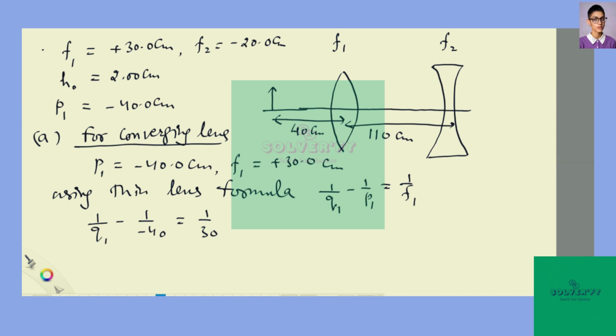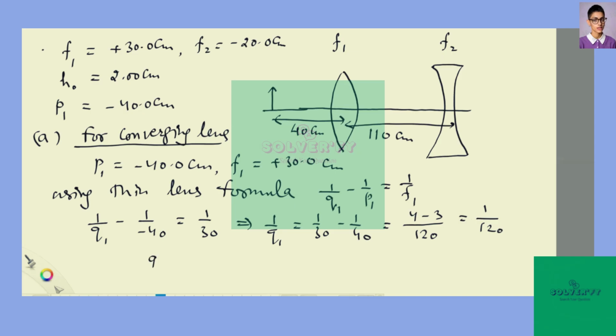So we get 1 by Q1 is equal to 1 by 30 minus 1 by 40, whose LCM here will be 120. So this is 4 minus 3, means 1 by 120.